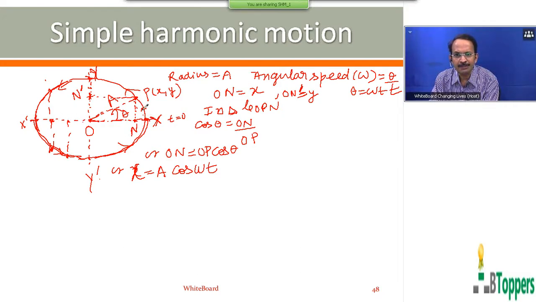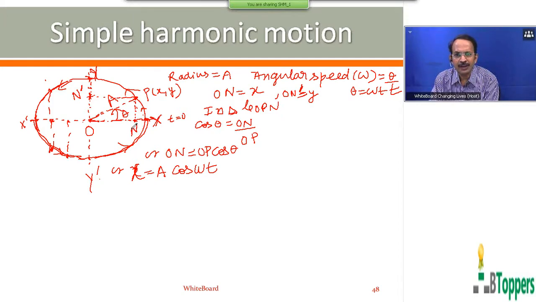That means during the time interval when the particle moving in the circular path completes one revolution, the projection of the particle on the diameter X dash OX completes one oscillation.